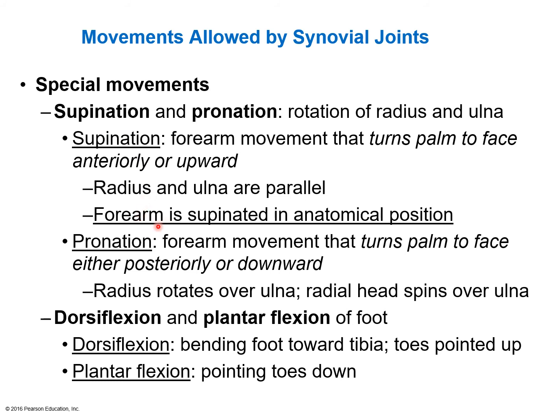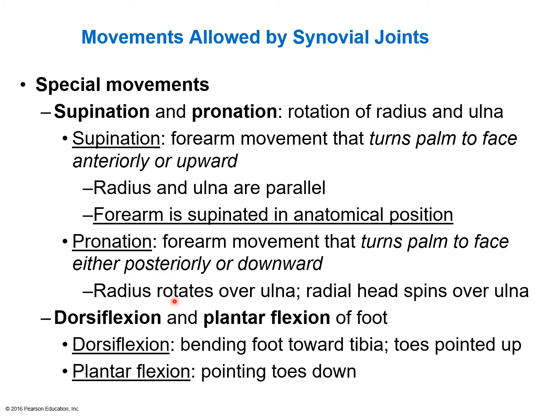All right. What is pronation? Pronation is the opposite of supination. This is where we do a movement that turns the palm either downward, facing the floor, or turns the palm posterior. Either one of these directions is considered pronation.